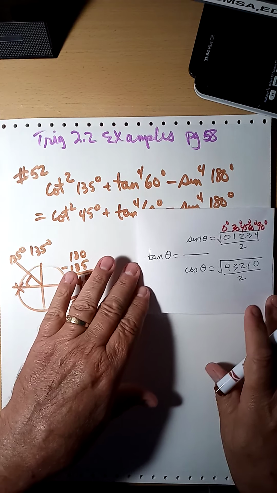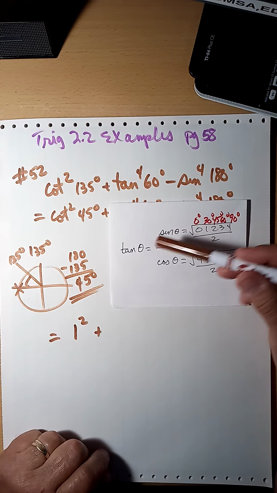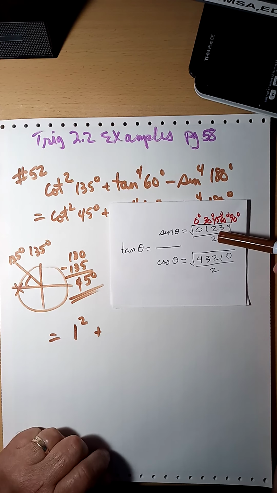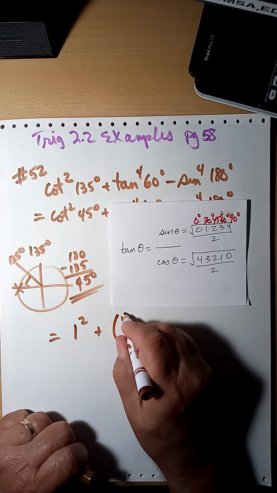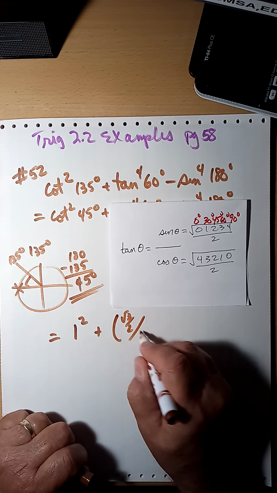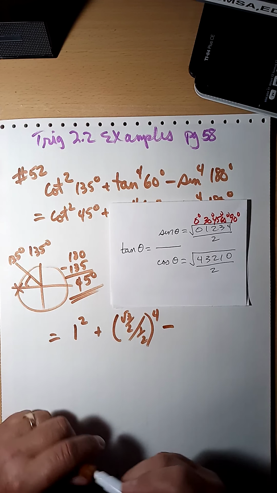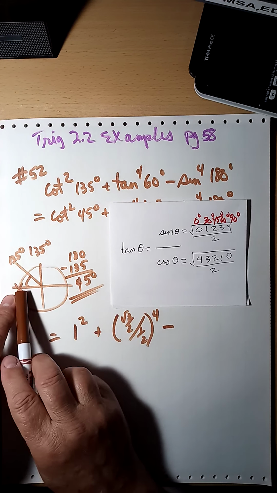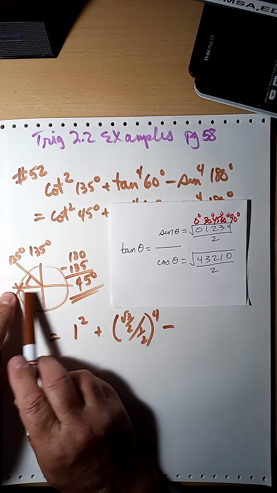What is the tangent of 60? So the tangent is sine over the cosine. 60 is the square root of 3 over 2 over 1/2, to the fourth power, minus. And what is the sine of 180 degrees? Well, that's y over r.